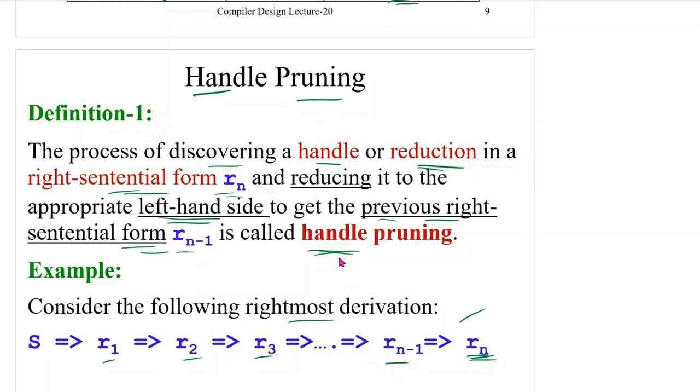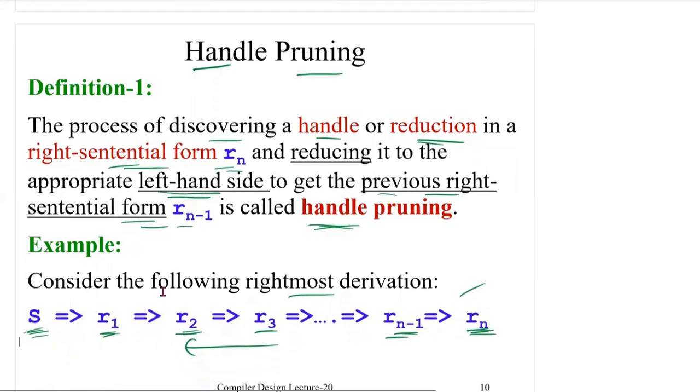Suppose we reduce Rn to get Rn minus 1, reduce Rn minus 1 to get Rn minus 2, and so on, reduce R3 to get R2, reduce R2 to get R1, reduce R1 to get S. So this is in reverse. This is called bottom-up parsing. Now S is the starting variable or root. From the string to a starting variable, that is bottom-up parsing. This process is called handle pruning.